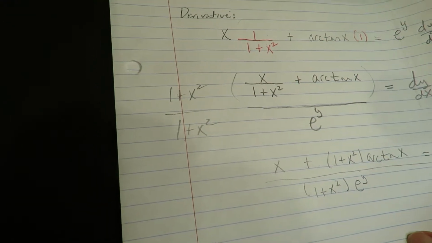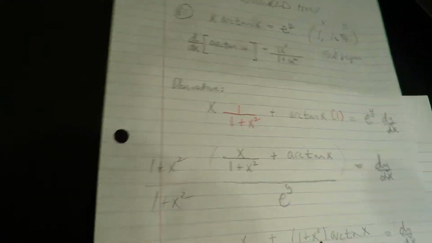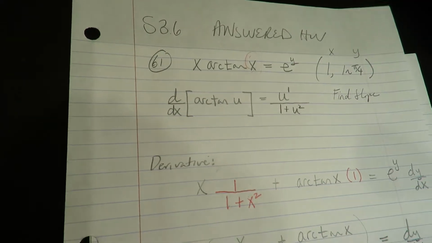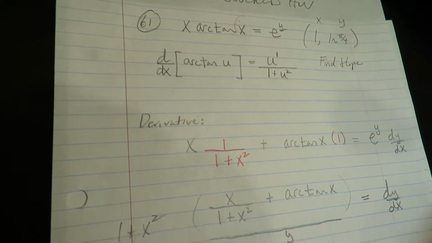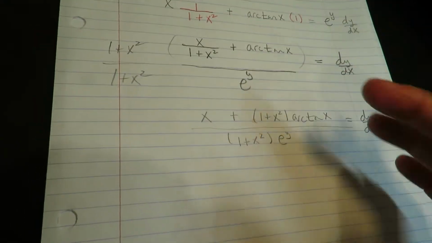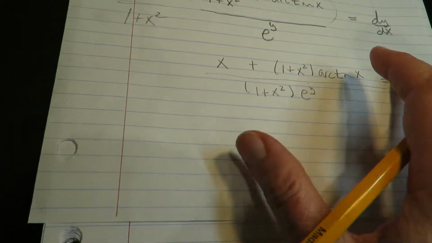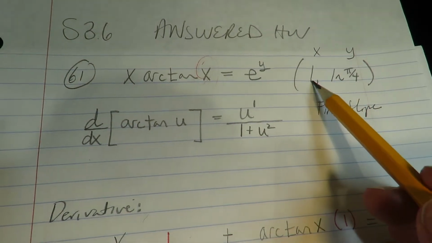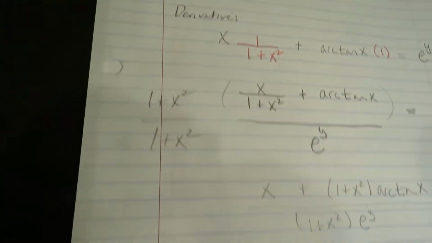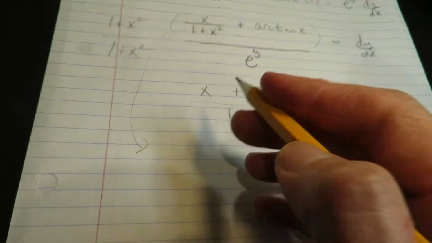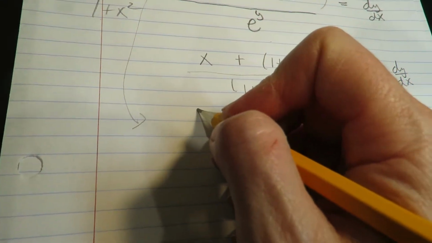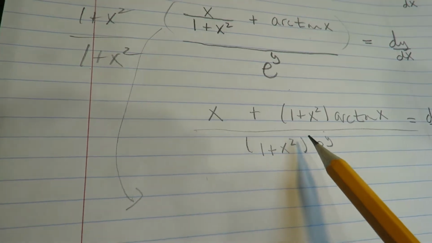All right, I'm just trying to decide how much paper we need to figure this out. Let me see if I can plug in down here. It's probably not enough room. So I'm going to start to plug in these values now, the 1 and the ln of pi over 4. I'm going to plug into here because it's easiest for me to see. If that's not easiest for you, then you plug in here.